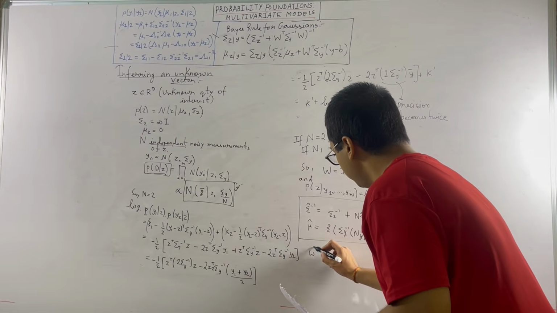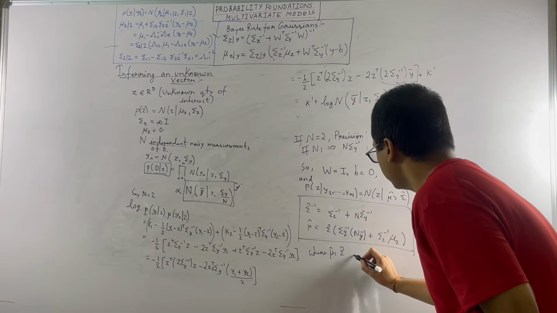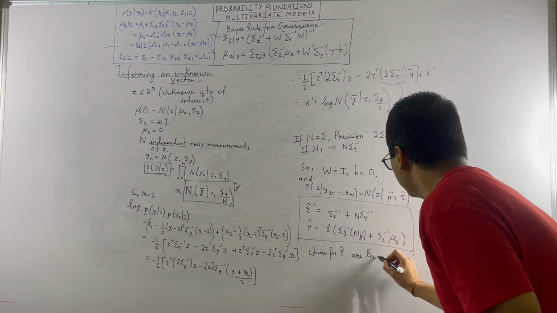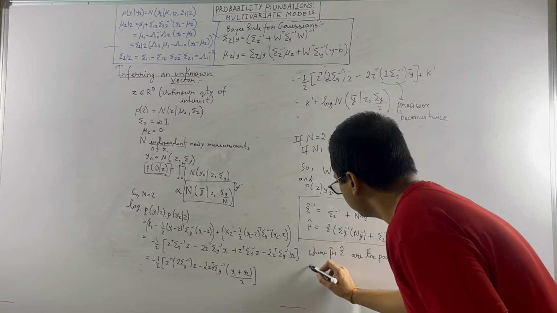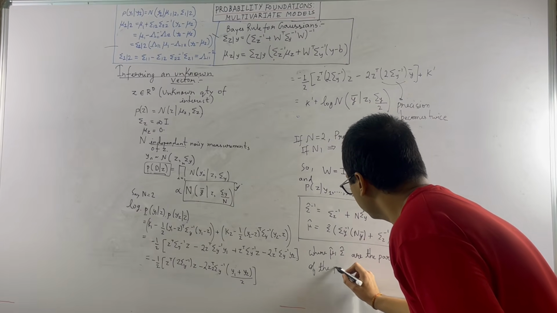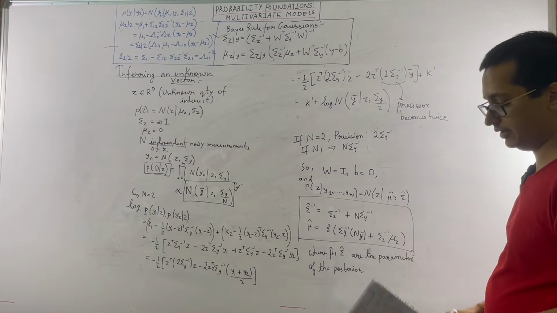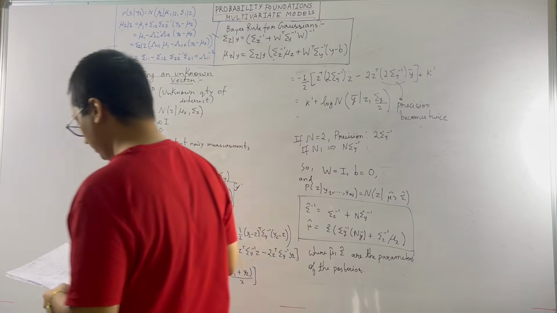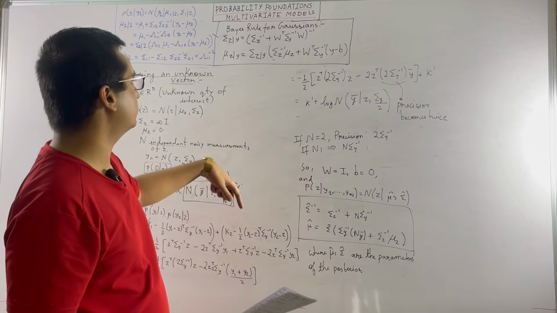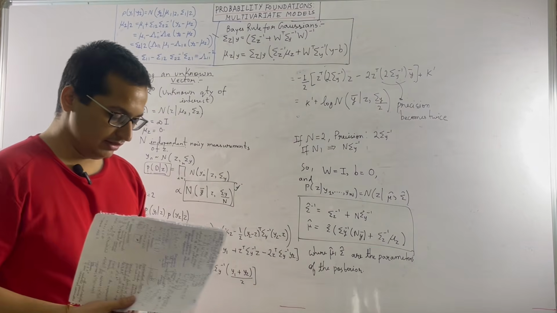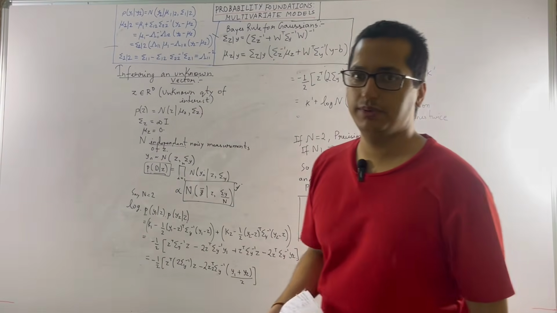Where mu hat and sigma hat are the parameters of the posterior. So when you get a temporal sequence of observations, you get the generalized version of it. When you generalize this to a temporal sequence of observations, you get the Kalman filtering algorithm as a special case.